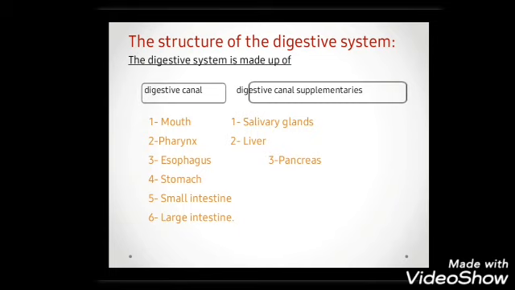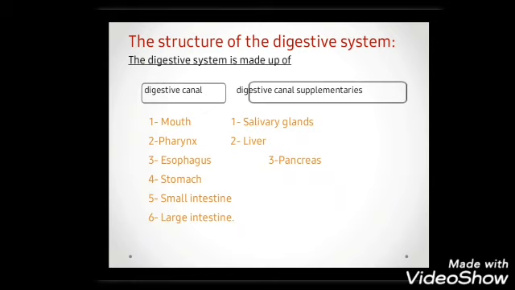What is the meaning of supplementary? To help the organs in the digestive system to complete the digestion process. So they work together, the organs in the digestive canal and the organs in the digestive canal supplementary, to make the digestive system work very well.